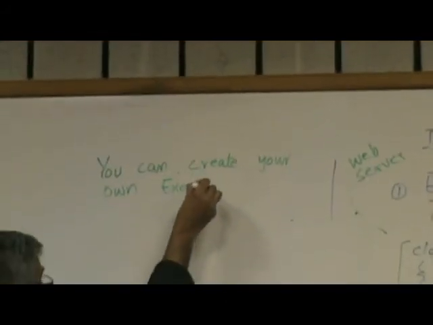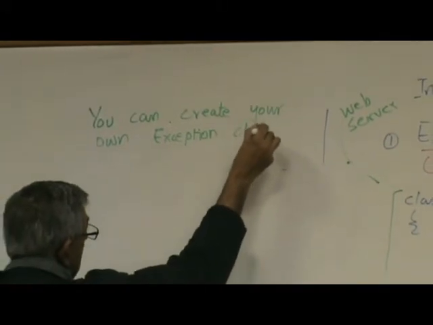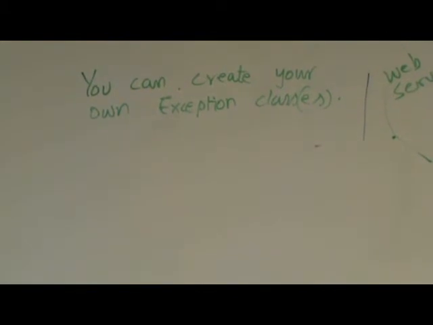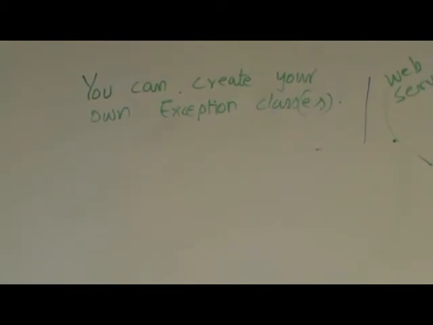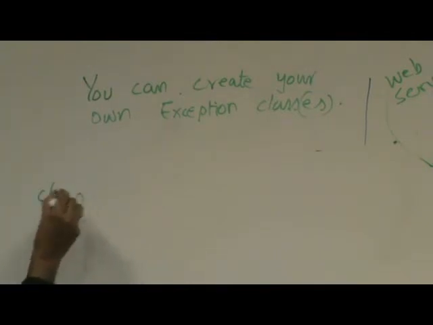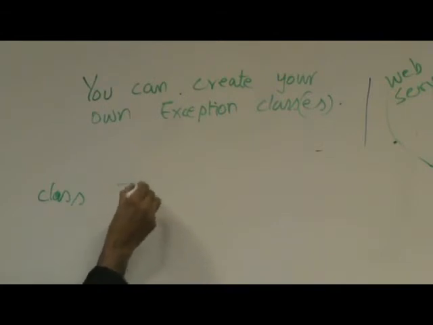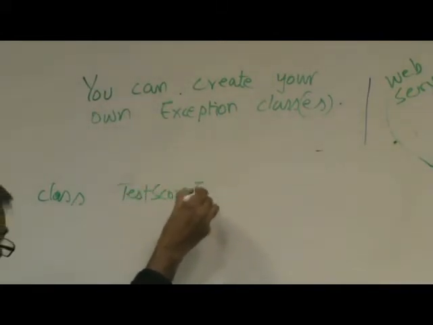So in fact, in all large organizations, they have a whole set of classes that they create for different error conditions. Okay. For example, just to demonstrate one of those cases, suppose we say class test score exception.